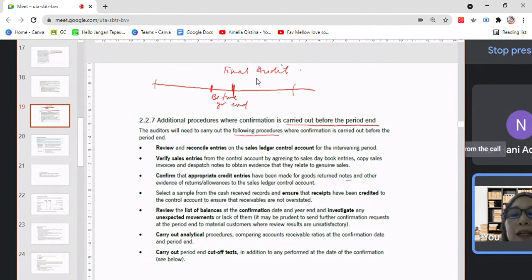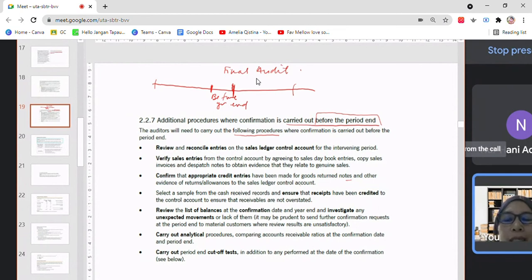So there are lots of things to do if you send a confirmation letter before the period end. But sometimes auditors do not have enough time after year end, so they do it before year end.